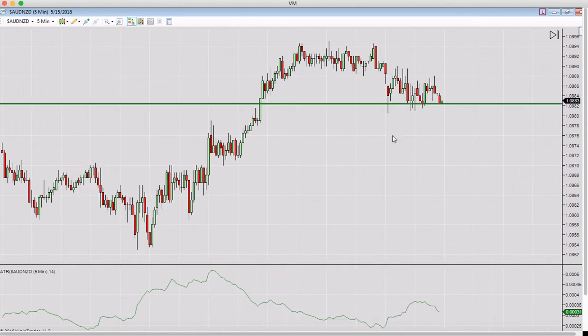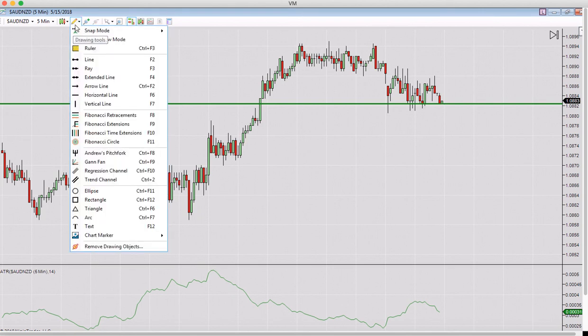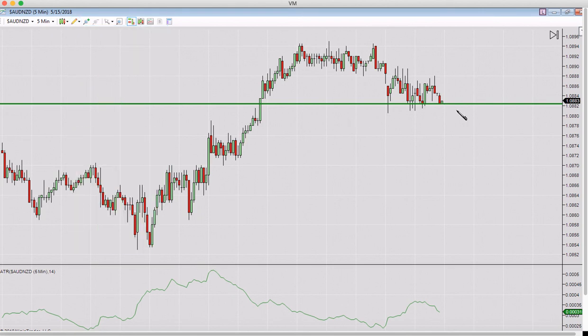We've got a pretty obvious one here. We're holding the line around here. What we want to see is a breakout below here, and then a recapture of that line.